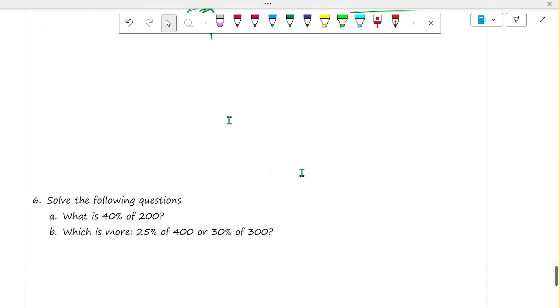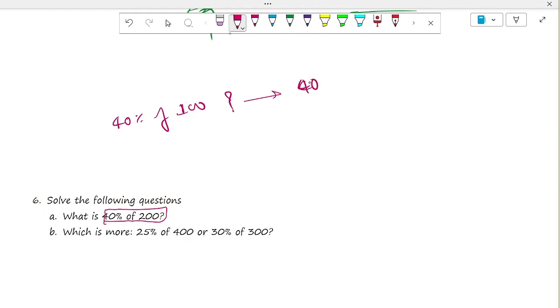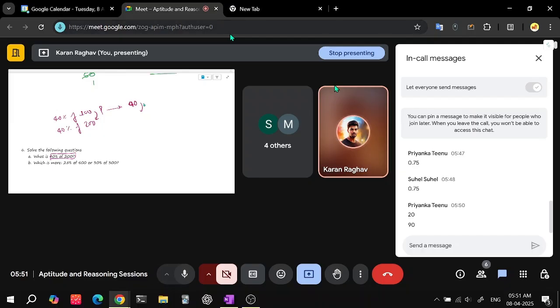Next question. Solve the following questions. What is 40% of 200? Same. What is 40% of 100? 40% of 100 will be equal to 40 itself. Then 40% of 200 means you have doubled this, so you will double this in simple terms.